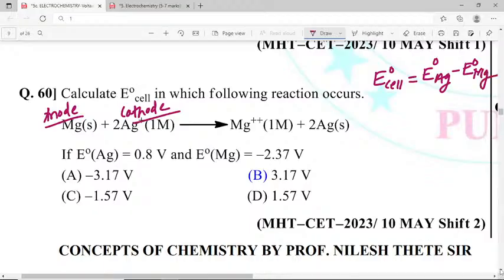What is the silver value? Silver 0.8 minus Mg, Mg is again minus 2.37. So 0.8 plus 2.37. If you add this, we'll get the answer 3.17.